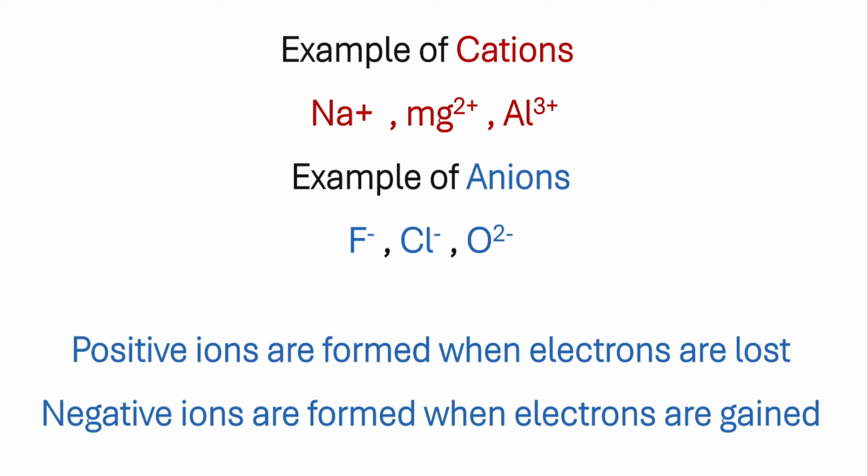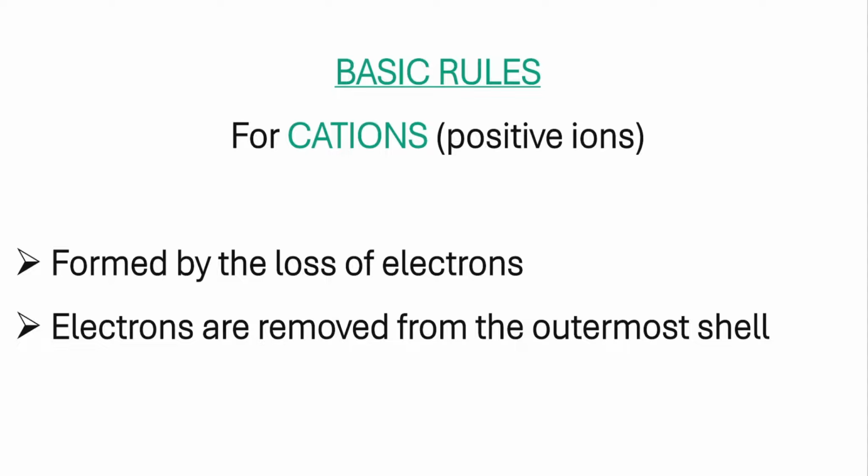The positive ions or cations are formed when atoms, mostly metallic elements, lose electrons, while the negative ions or anions are formed when non-metallic elements gain electrons. So let's look at some rules applied when writing the electronic configuration of ions. For cations, which are positive ions, they are formed by the loss of electrons.